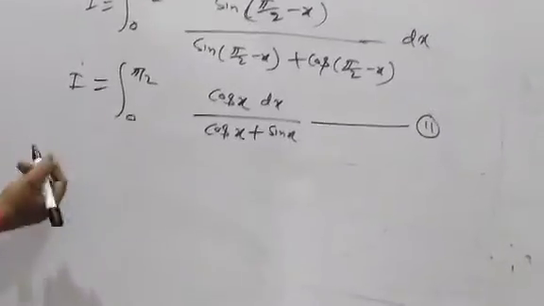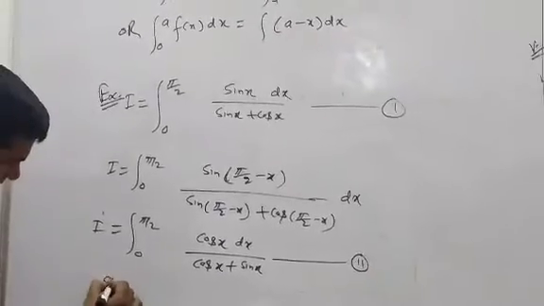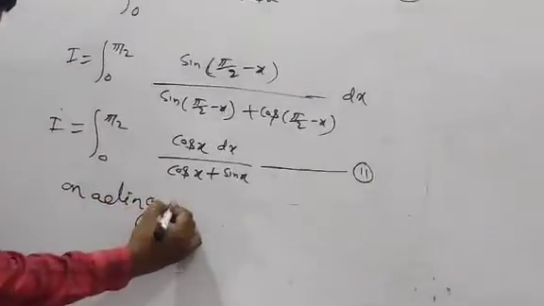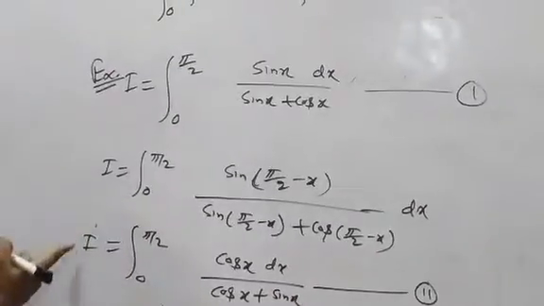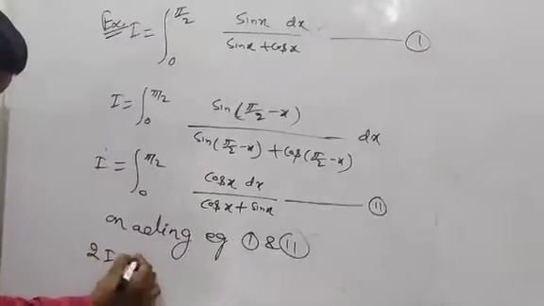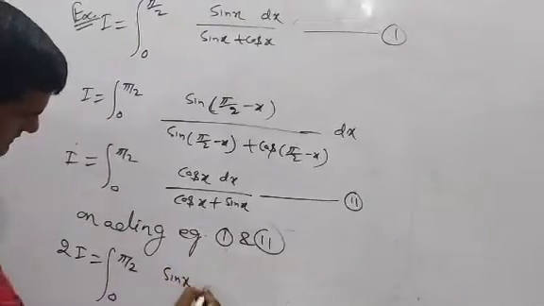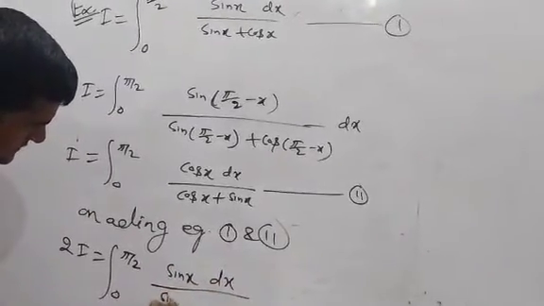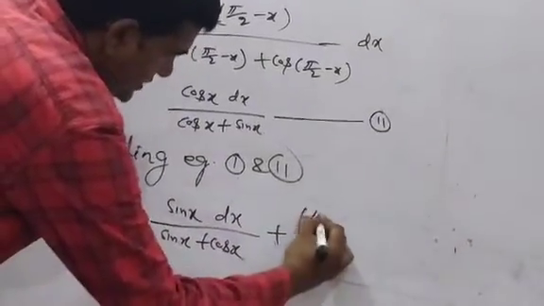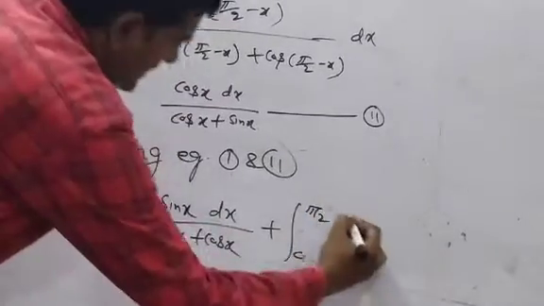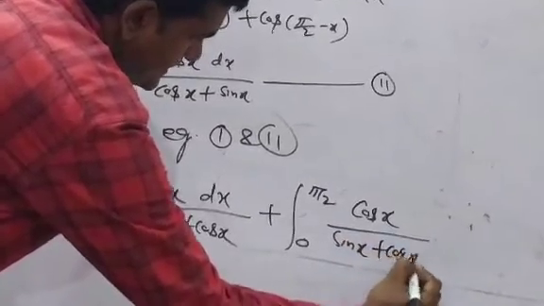Now on adding equation number first and second, I plus I is equal to 2I, and integral 0 to pi by 2 of sin x dx upon sin x plus cos x, plus integral 0 to pi by 2 of cos x upon sin x plus cos x dx.